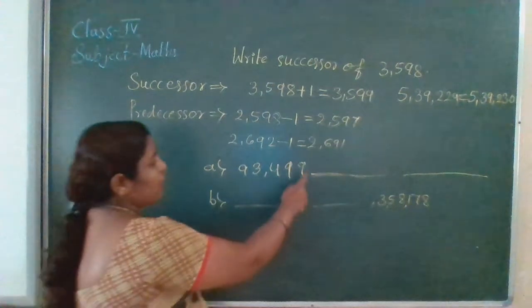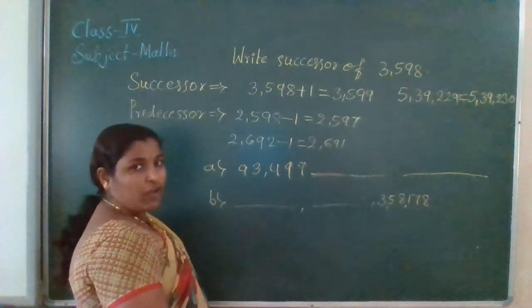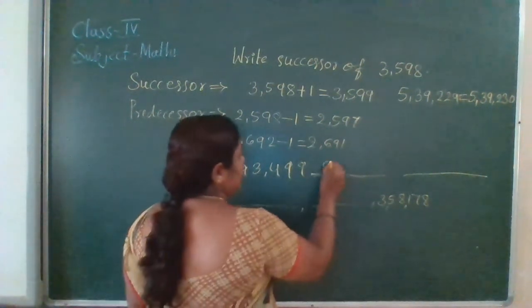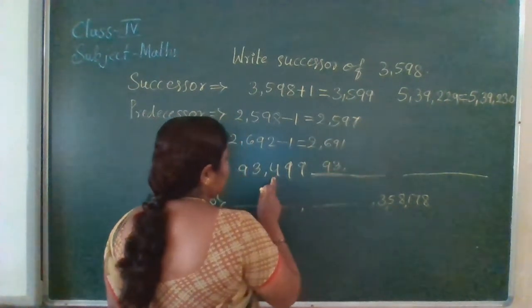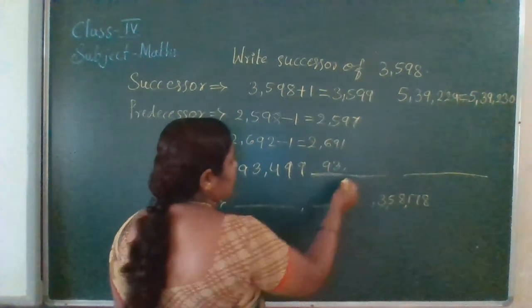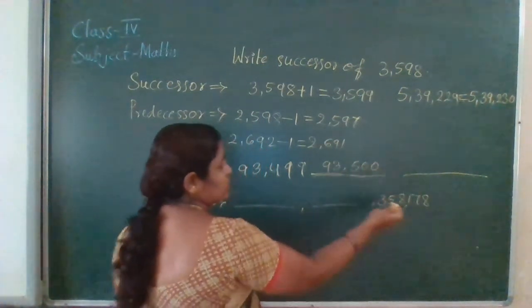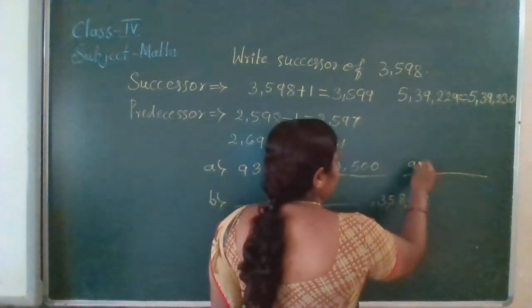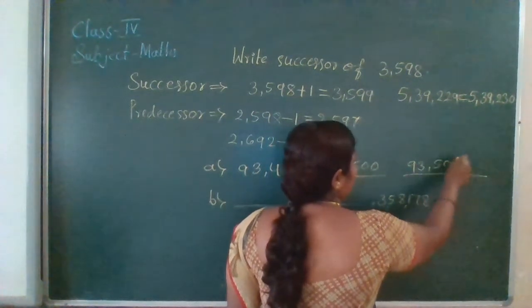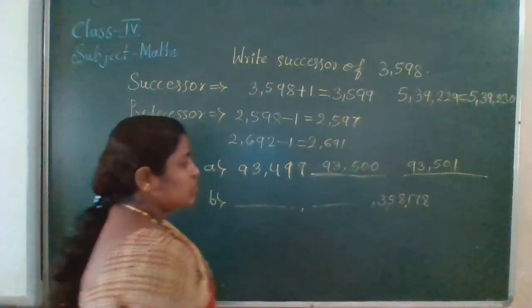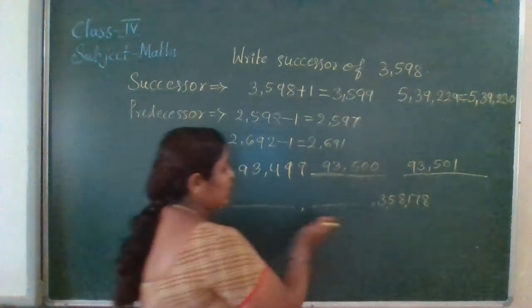So if I add 1 to 93,499, the answer is 93,500. After this, again plus 1, 93,501 is the answer.